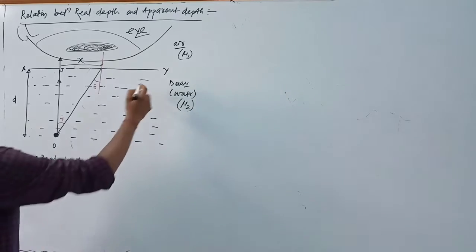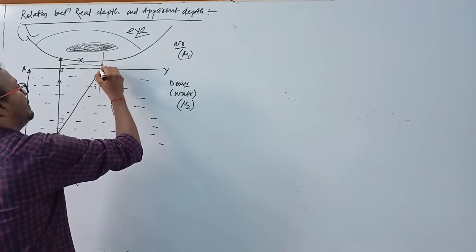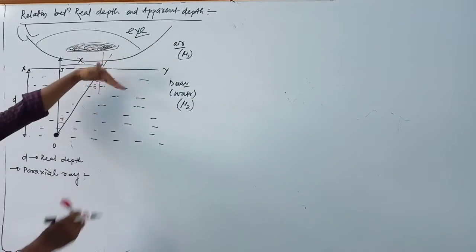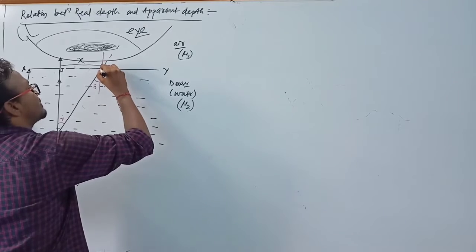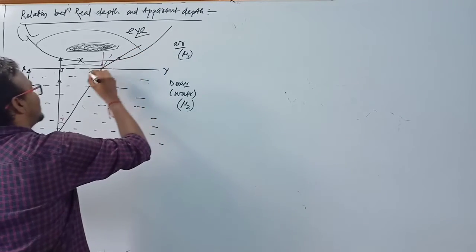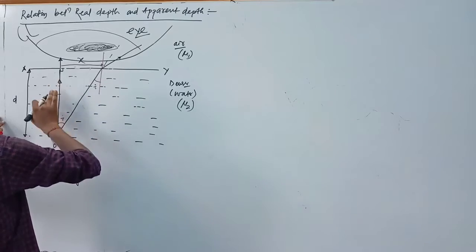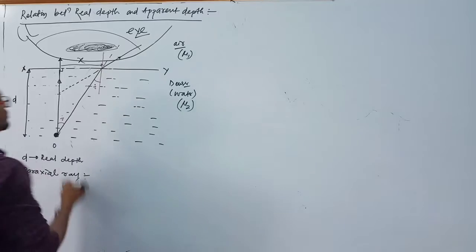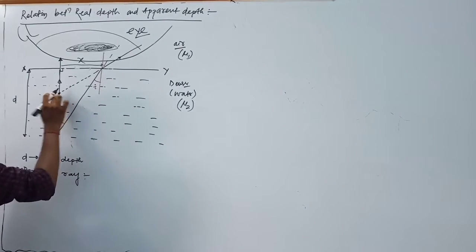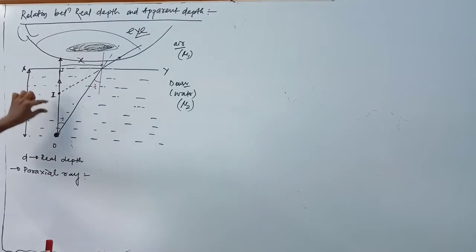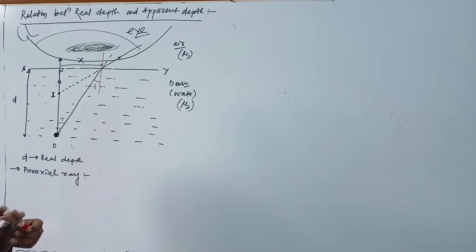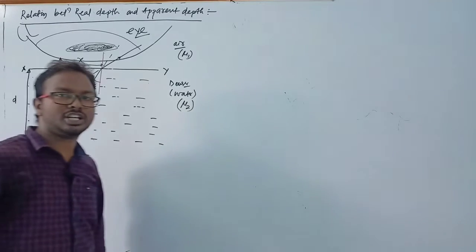When a ray travels from a denser to a rarer medium, it bends away from the normal, because this is the line of action of the incident ray. It bends away from the normal in this direction, and it appears to meet at this point, and we get the final image. Is this final image real or virtual? This image is a virtual image.